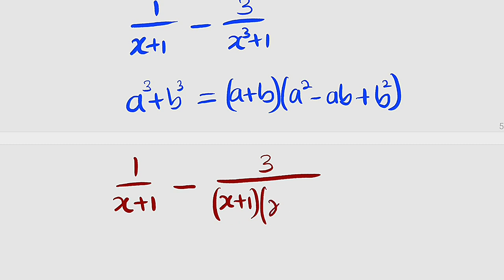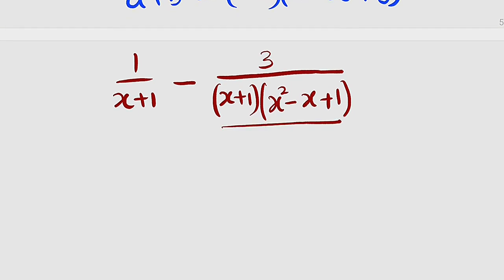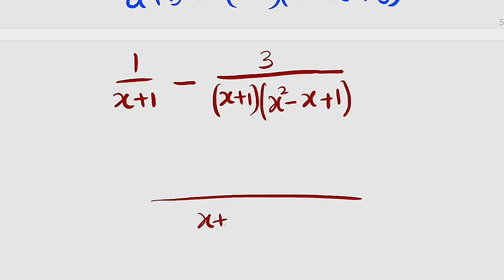A squared, which is x squared, minus ab, which is x times 1, which is x, then plus b squared, which is 1 squared, which is 1, right? So our LCM is going to be the whole of this. So the LCM is x plus 1 multiplied by x squared minus x plus 1.